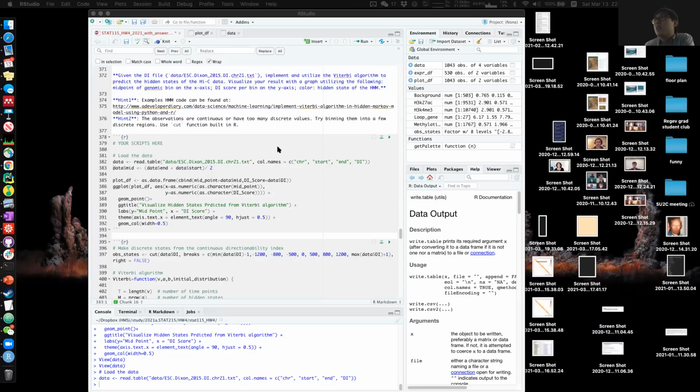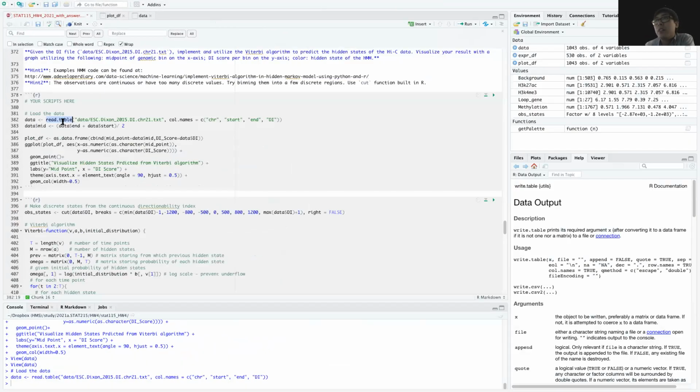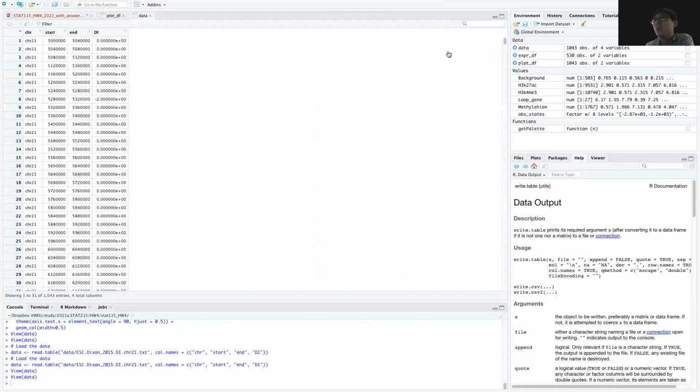Okay, so imagine this is the data we have. We provided you the data in the homework. Here I'm just using this data, so try not to copy the results. Just try to develop your own version. Now, if I load the data, let's look into what the data looks like.